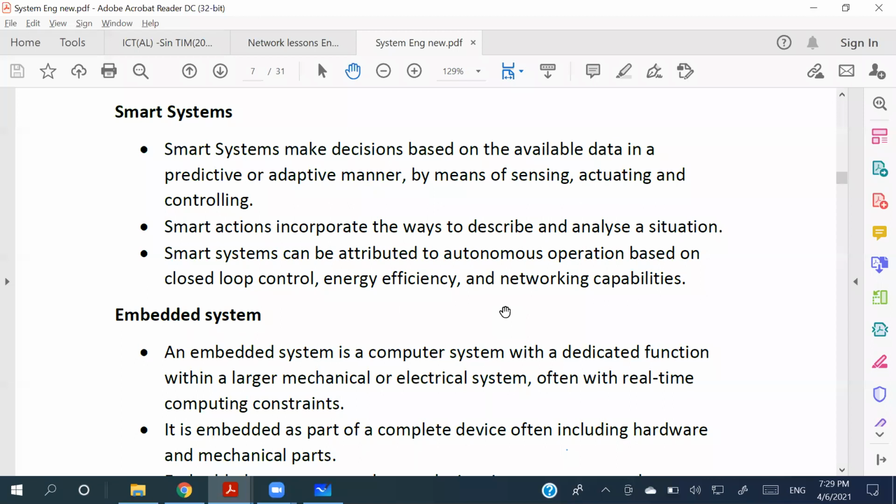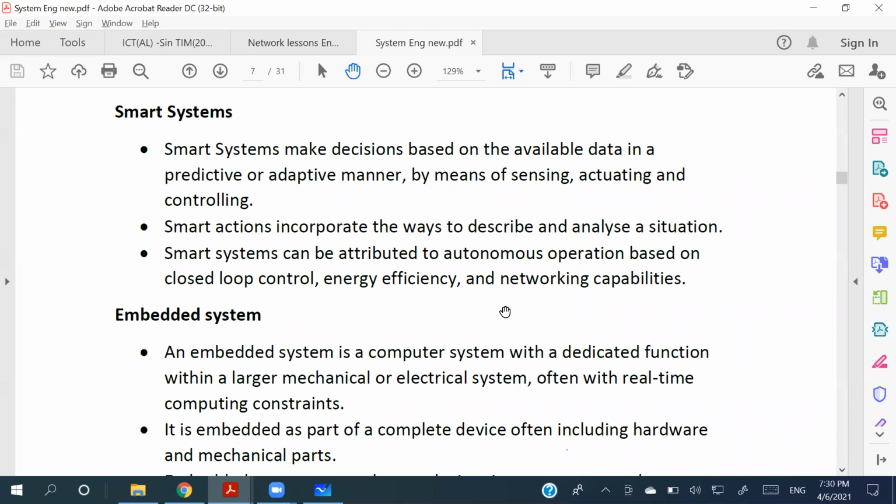So using the sensors, it will sense the environment, and using the actuators, it will do the task that they want, or that the environment needed. It's like you are having an AC with a temperature sensor. So once the temperature is tracked or informed through the sensor, the smart system will turn on the AC or start the fan to cool down the place.